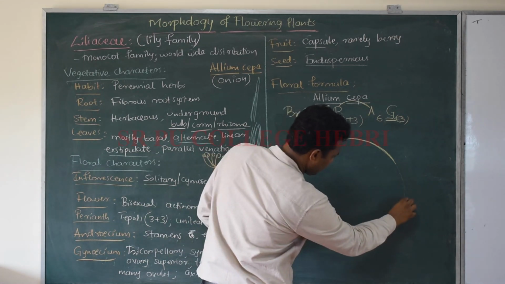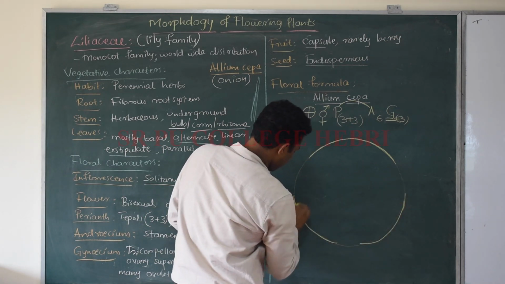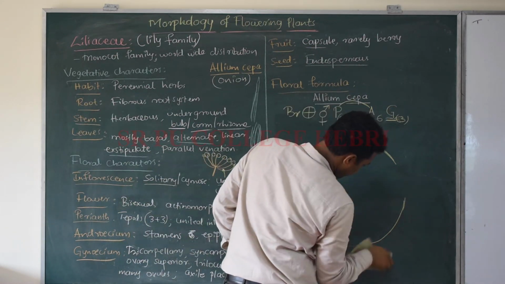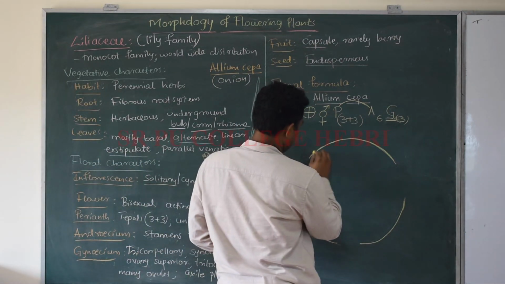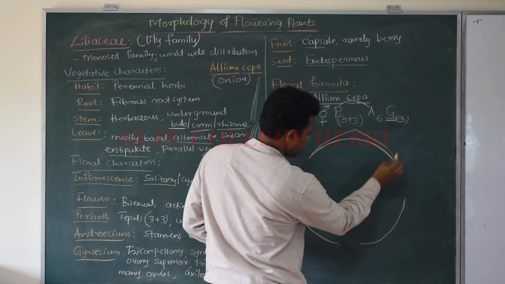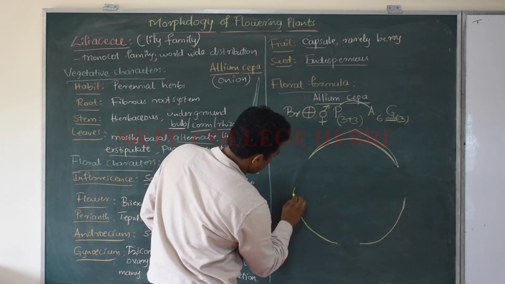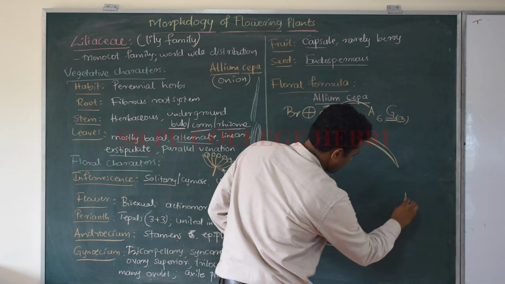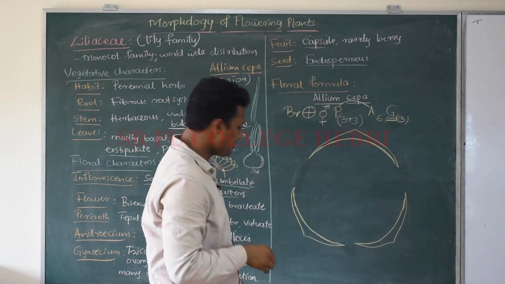Three plus 3 condition is there, remember? That means 3 sepals and 3 petals have been fused to form tepals, totally 6 tepals. Okay, valvate aestivation, right?